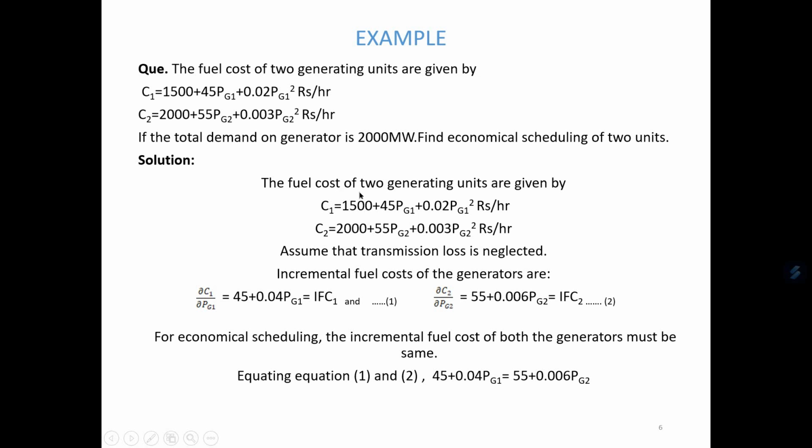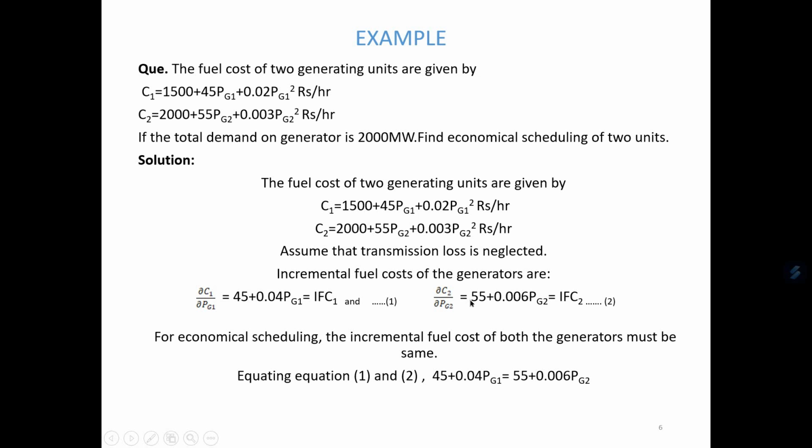So we can write that the fuel cost of 2 generating units is given by C1 and C2. Now we are going to consider the condition in which transmission losses are neglected. That's why we'll write here, assume that transmission loss is neglected.